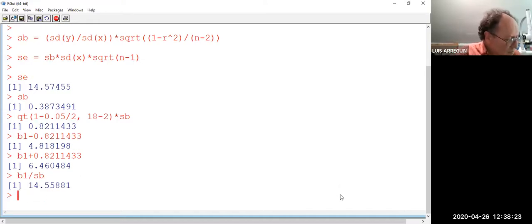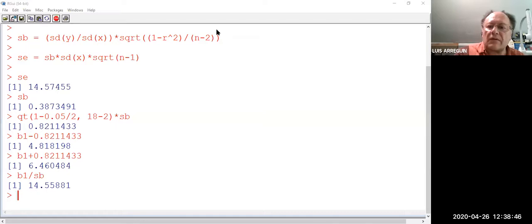So we are finding that our value for t is just 14.55. I'm going to write that down. So that's the value for the test statistic.